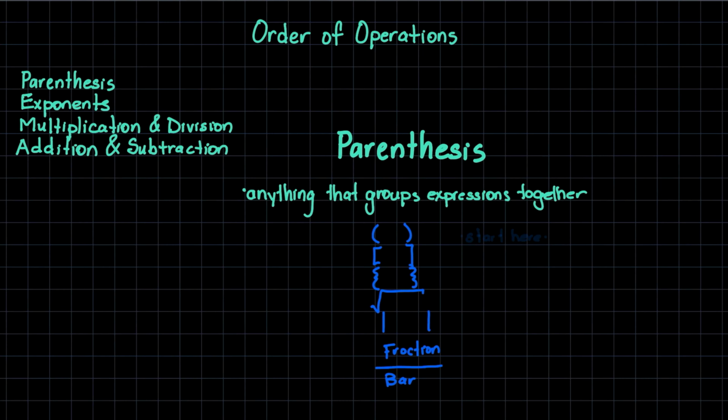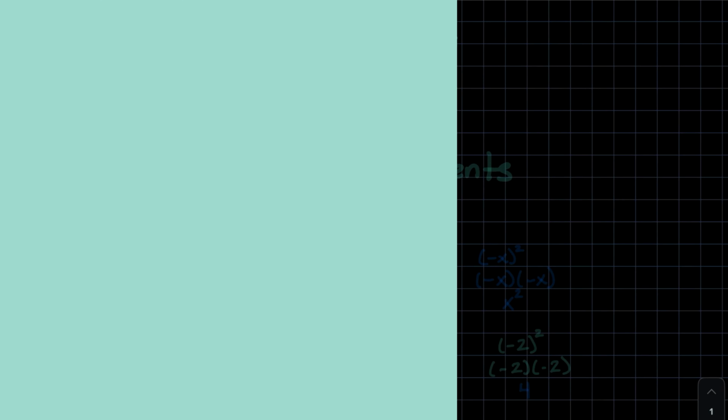All of these group expressions together to say start here. So when you see parentheses, I don't want you to assume parentheses is the only thing it's discussing. It's discussing parentheses, brackets, braces, radicals, absolute value bars, and also fraction bars.